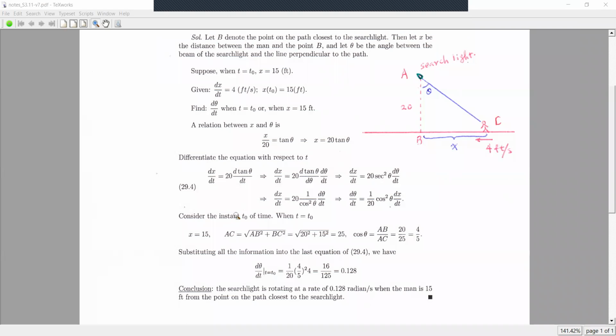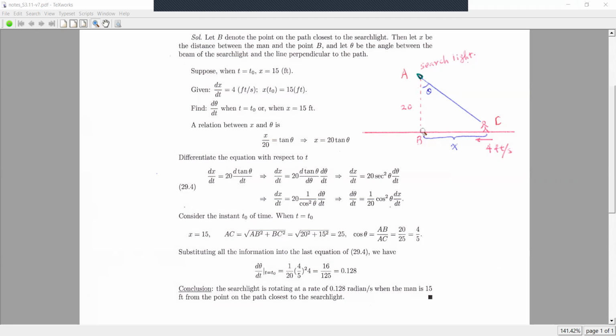Now consider the time t0. When time is t0, x is 15. Apply the Pythagorean theorem to this triangle. Then we have AC, the hypotenuse of the triangle. AC is equal to the square root of AB squared plus BC squared.